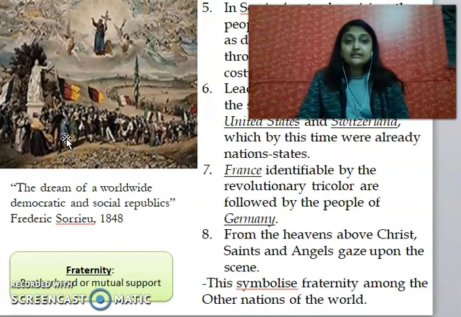Brotherhood means support of one nation with the other. So all the nations are here. The people over here are belonging to different age groups. Now all are supporting mutually. They want one thing, that is the government in their hands, and they want the end of monarchy. So this is what the painter wants to symbolize through his painting. I hope you people understood.